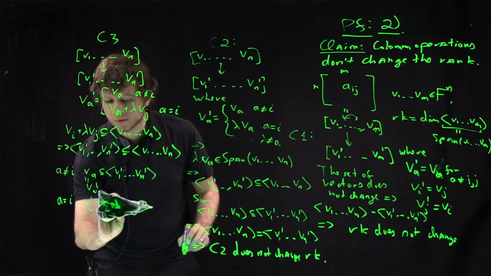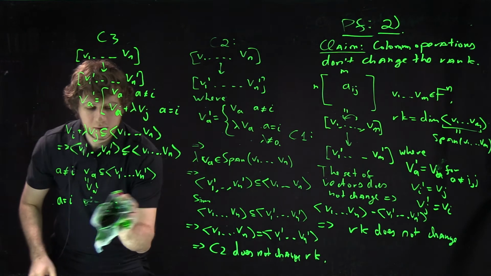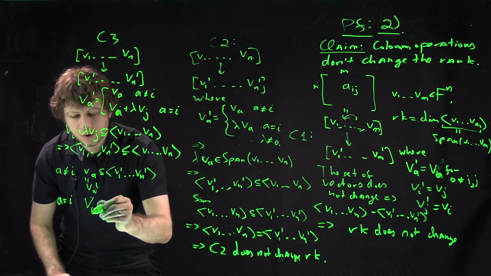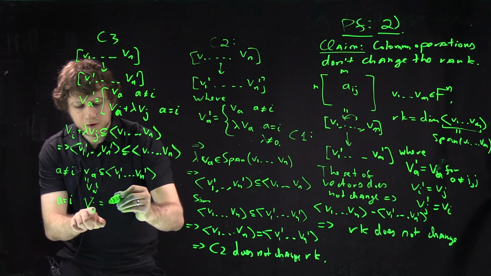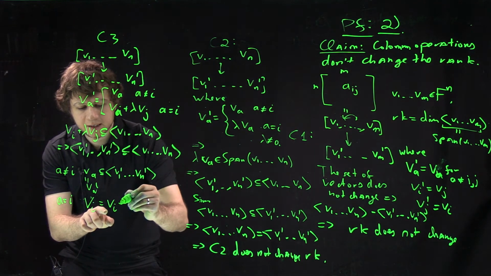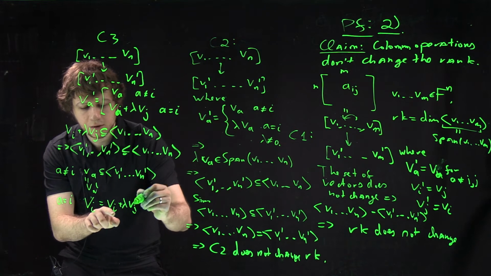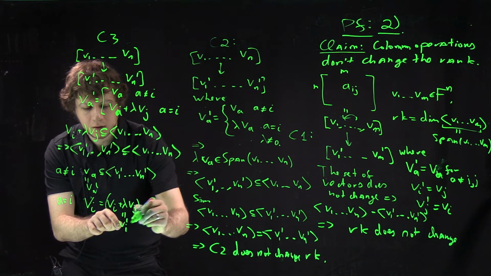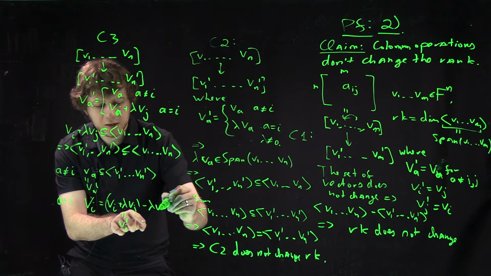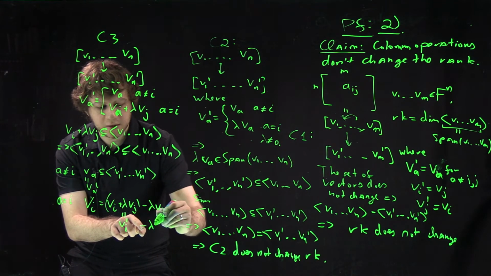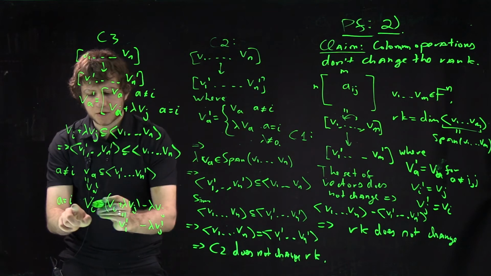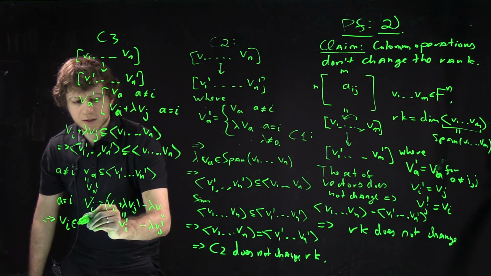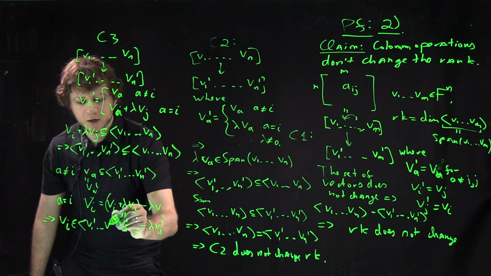So for a equal to i, we know that vi is equal to vi prime, which is vi plus lambda vj, minus lambda vj, which is just minus lambda vj prime. And so it means that vi is also inside the span of v1 prime up to vn prime.